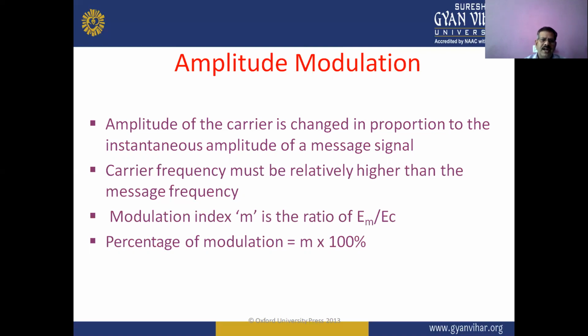The modulation index m is the ratio of modulating voltage to carrier voltage, and the percentage of modulation equals m times 100 percent. So this is the percentage of modulation.